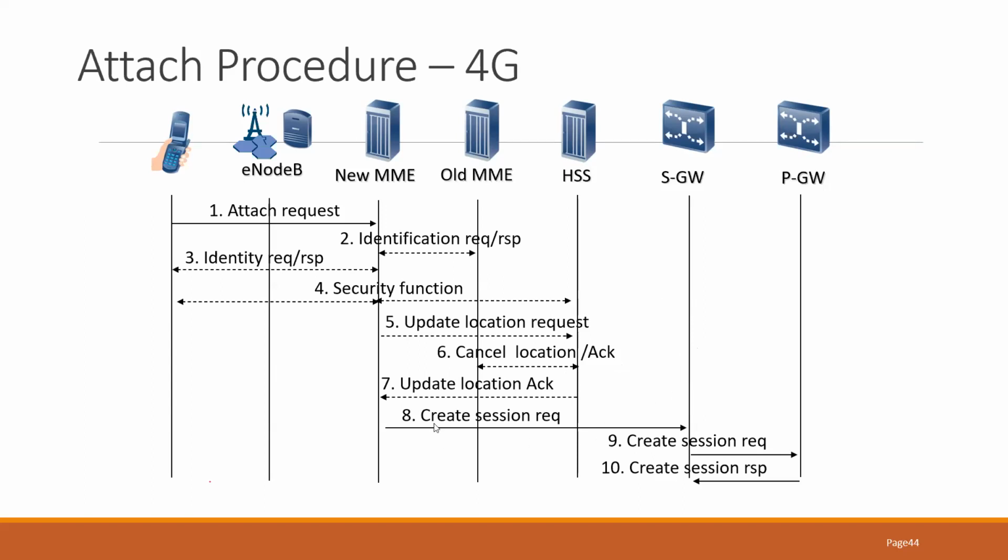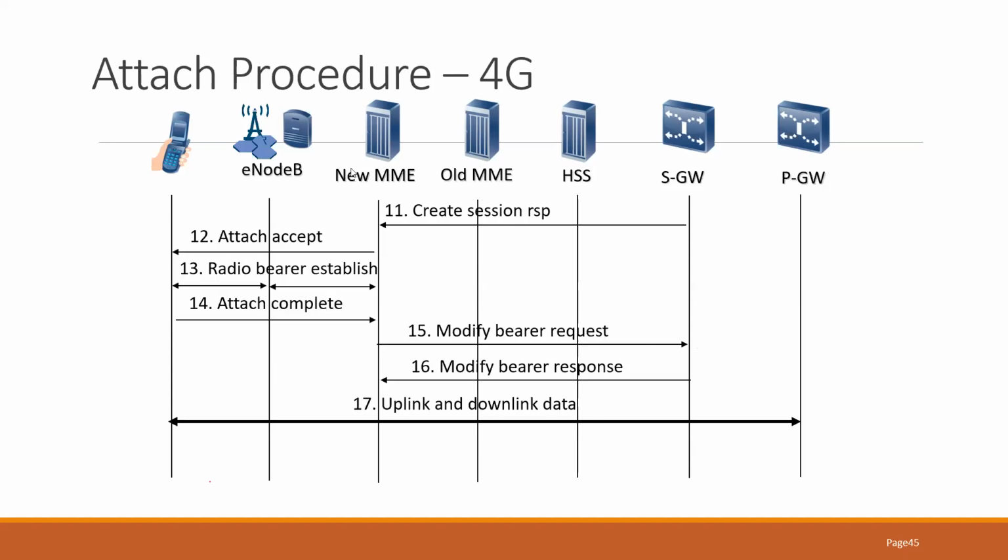In this create session request, the SGW will get the information of the MME. In this create session request, PGW will get the information of SGW and MME. In any of these messages, you do not see that there is any eNode B information that is shared. However, for user plane communication, the SGW must communicate with eNode B.